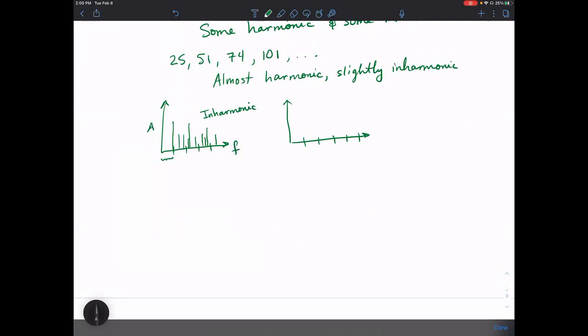It's a function of frequency and amplitude. Whereas if you had something like that, it would be harmonic partials. It doesn't have to have every single one. The question is just, are the upper ones integer multiples of the bottom one?